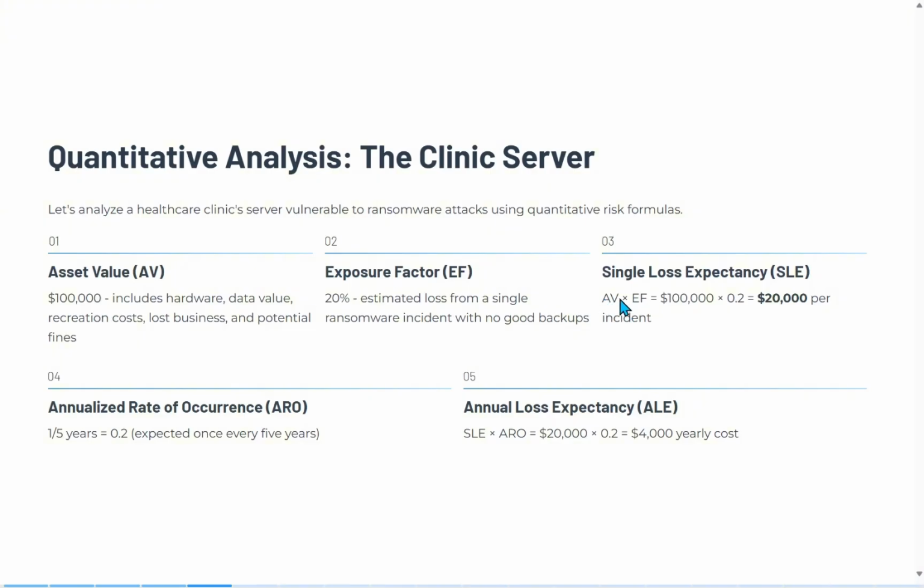That is the single loss expectancy. 20% of 100,000 is 0.2. So when you calculate both of them, 100,000 times 0.2, it will give you 20,000 per incident.